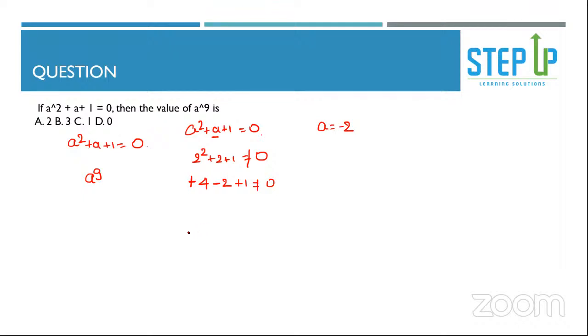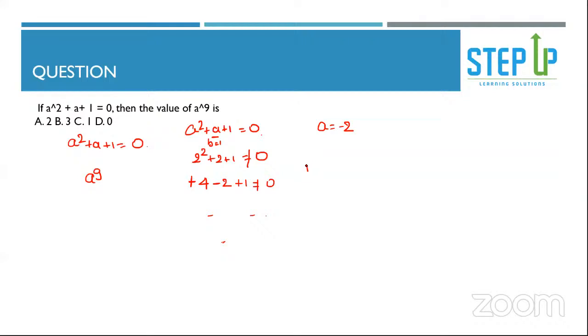B square minus 4AC is equal to 0. So B square is what? A square minus 4 into 1. No, your B is 1 here.